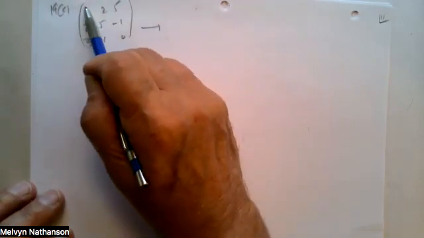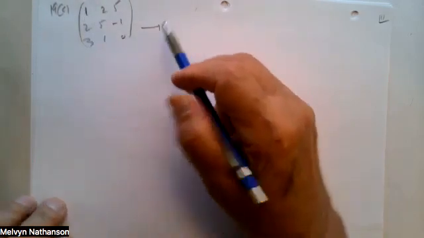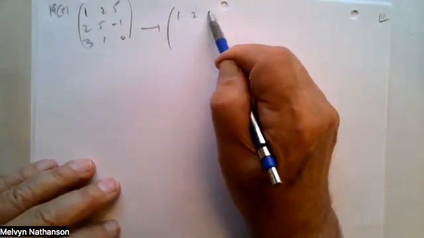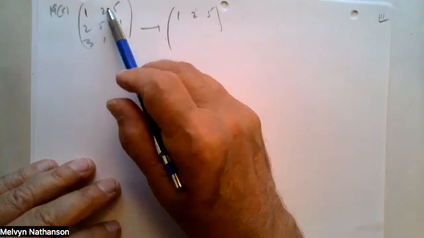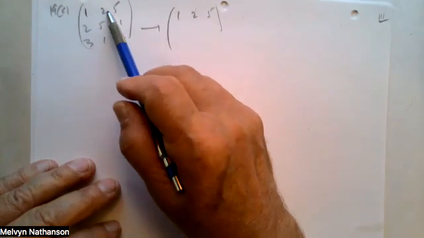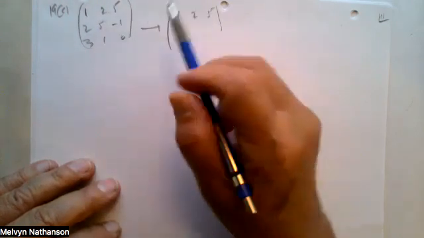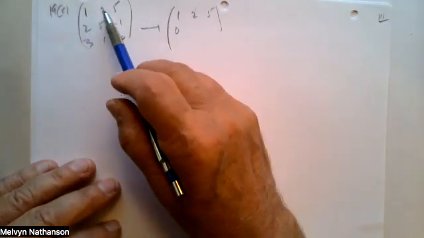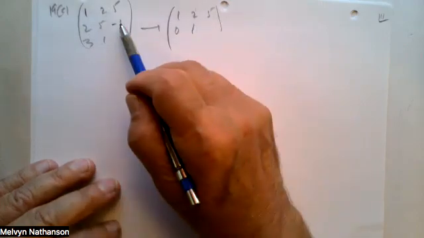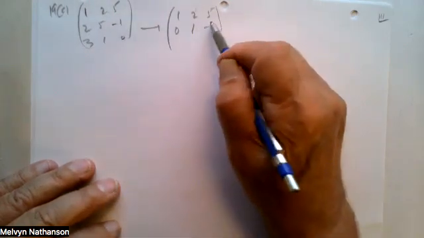The first non-zero entry in the first row is already a 1, so I don't need to change that. To get a 0 here, I take the second row minus 2 times the first row. So 2 minus 2 is 0. 5 minus 4 is 1. Minus 1 minus 10 is minus 11.